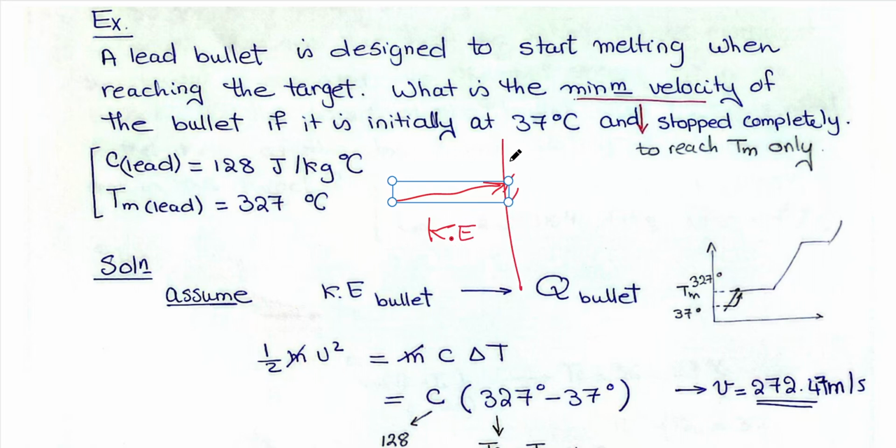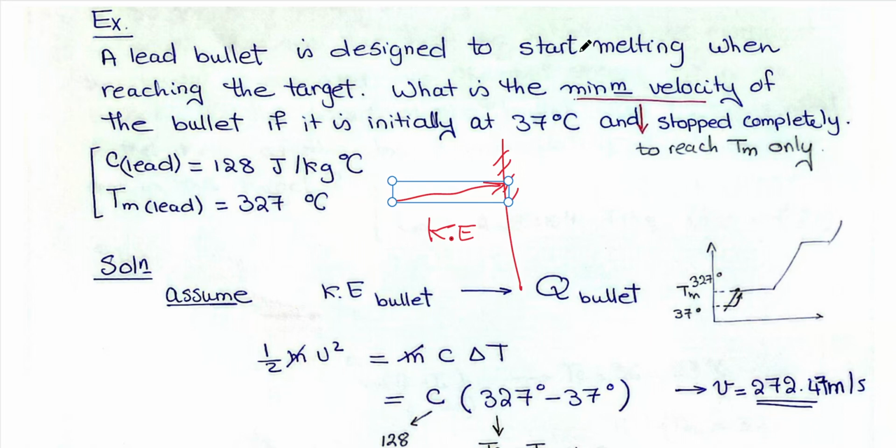What will happen to this kinetic energy? This kinetic energy will be dissipated in friction inside the target and will be converted into heat energy. So the amount of kinetic energy lost by the bullet will be converted to heat energy, increasing the temperature of the bullet.